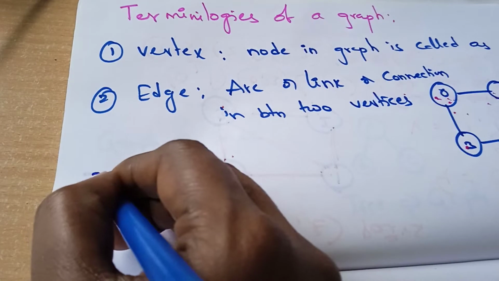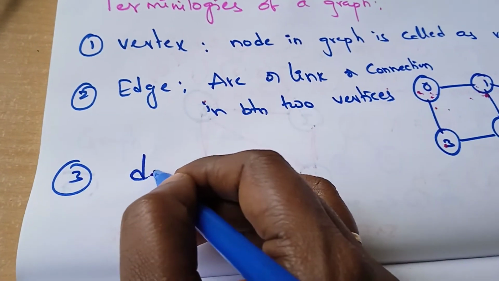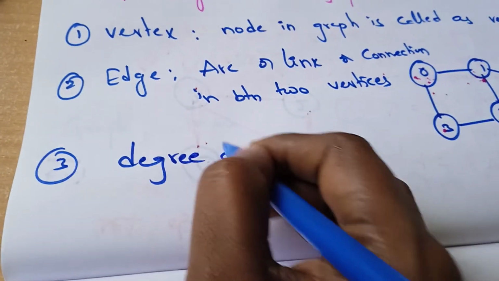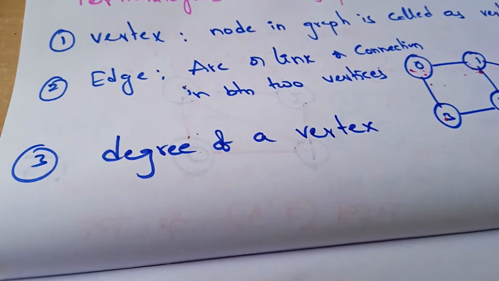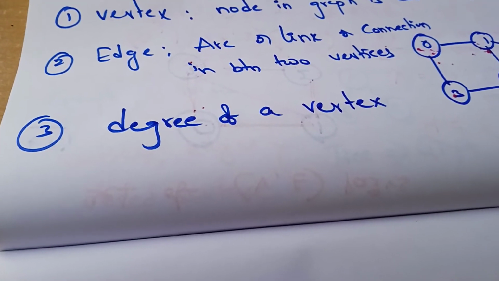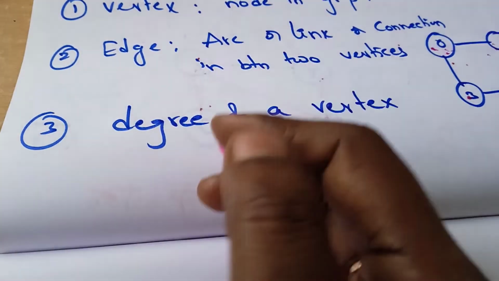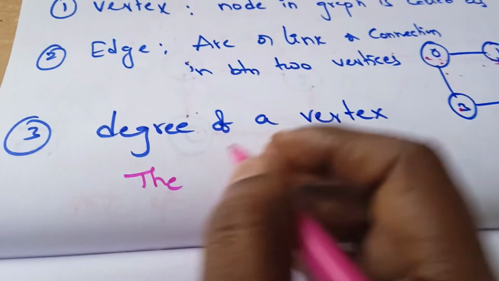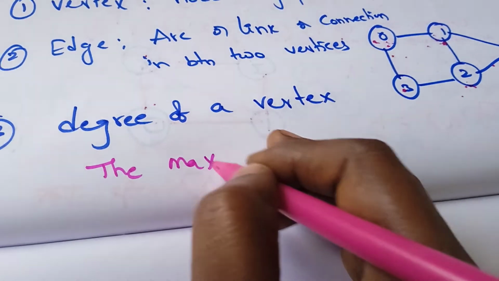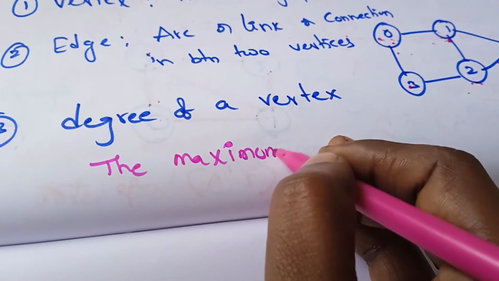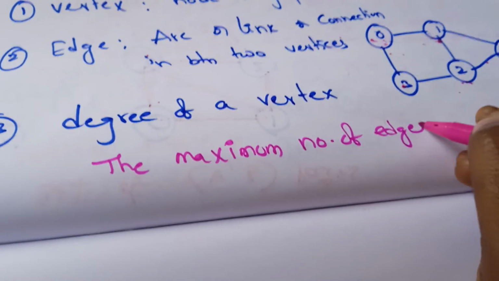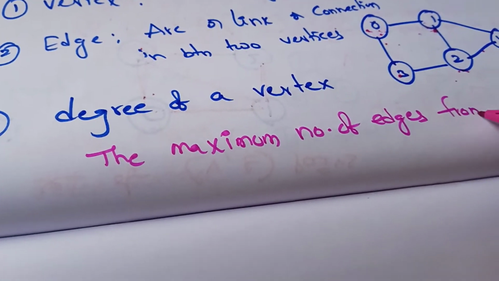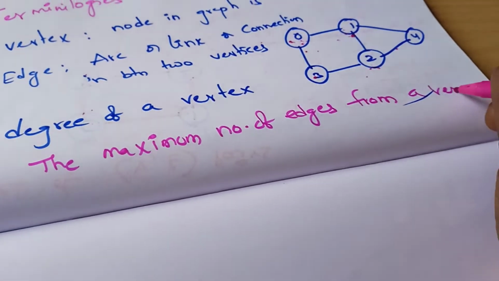Now the third is the degree of a vertex. How do we calculate the degree of a vertex? It is the maximum number of edges from a vertex.